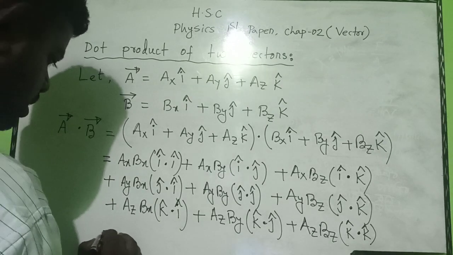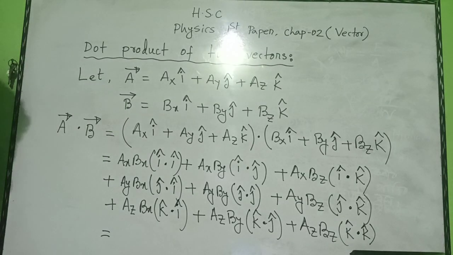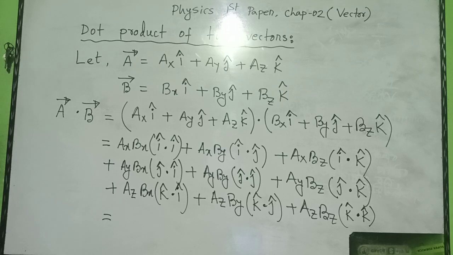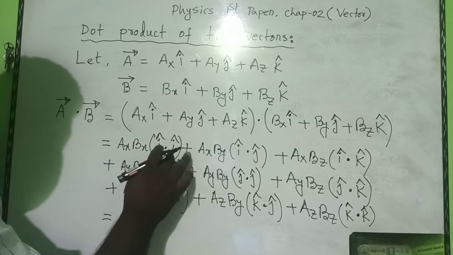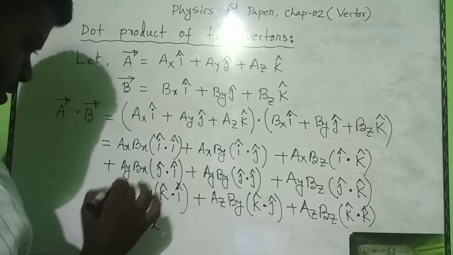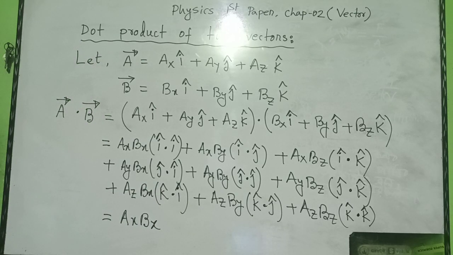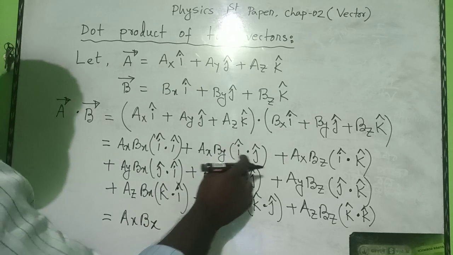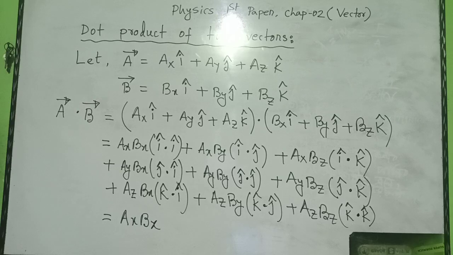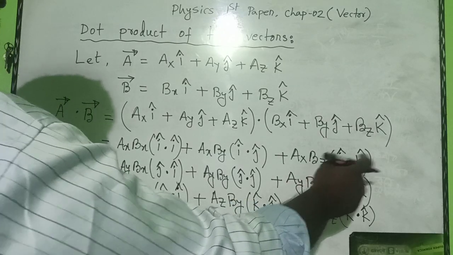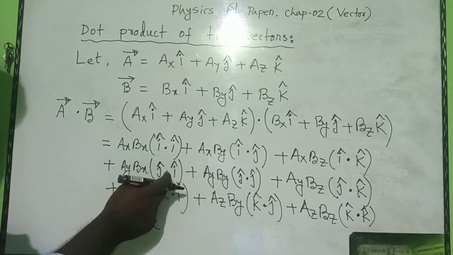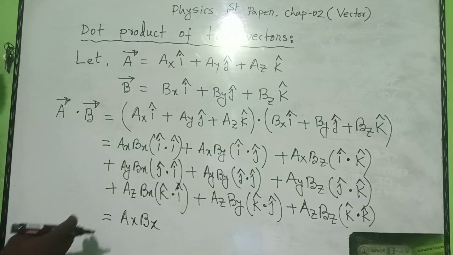Now I write down the answer at this point. i dot i is equal to 1, so I get ax bx. This term will be equal to 0: i dot j is equal to 0, that means the whole term will be 0. i dot k is 0, that's why this term will also be 0. j dot i is equal to 0, that means this term will also be 0.